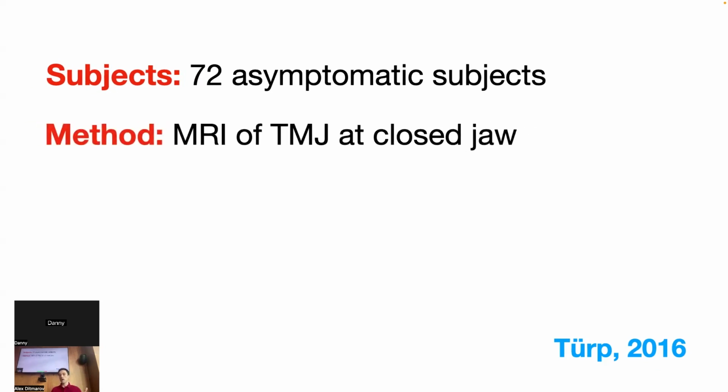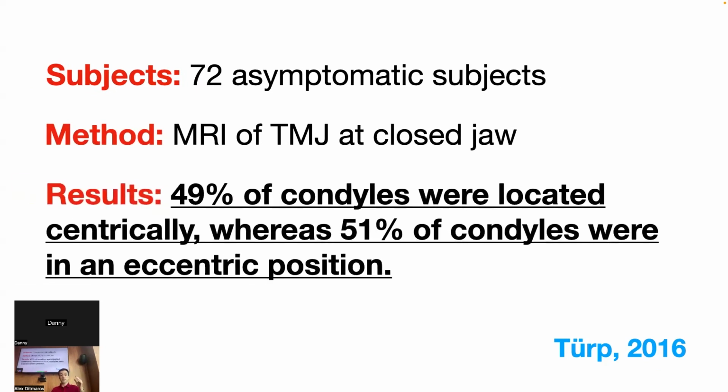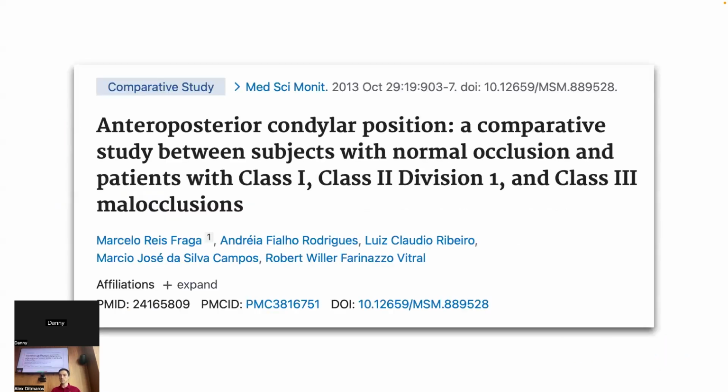The method was MRI. They provided MRI scans of TMJs at closed jaw. And the results were such: 49% of condyles were located centrically in the center of the fossa, but 51% of condyles were in an eccentric position, either a little bit distally or a little bit anteriorly inside the fossa. All right, that's another study.